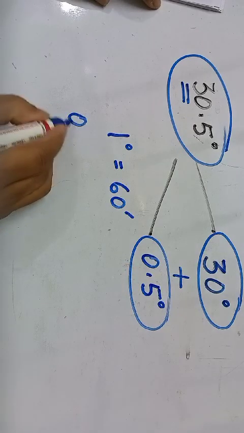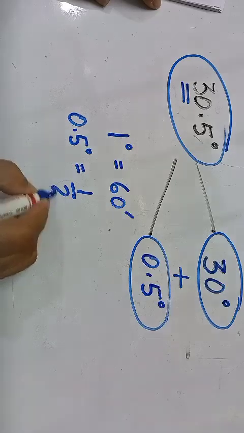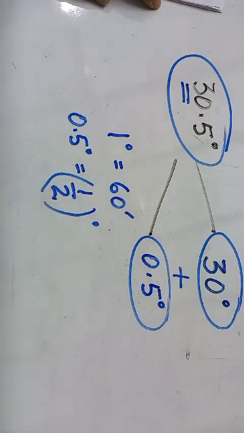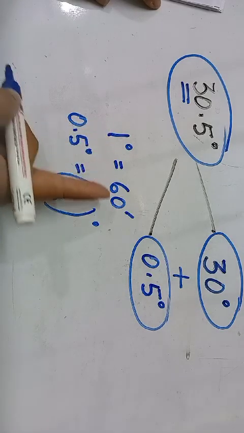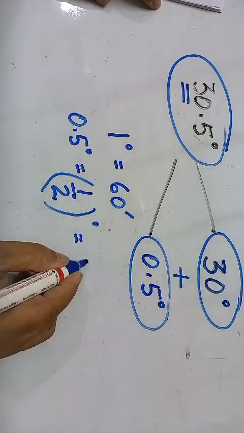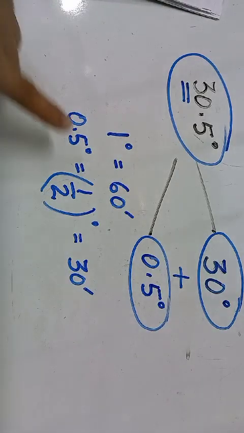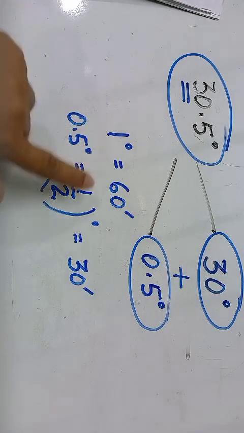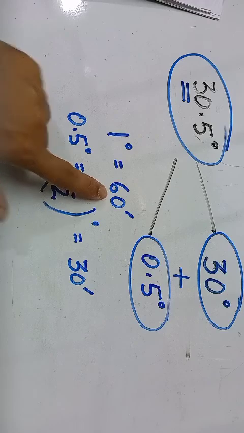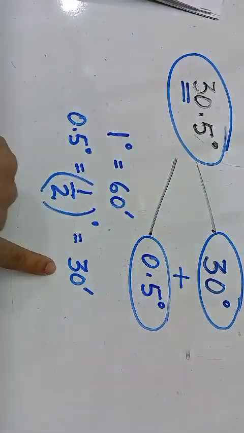This is 0.5 degree, or this can also be called half degree. Okay, so if 1 degree is equal to 60 minutes, what is half degree going to be equal to? It is going to be equal to 30 minutes, half of that. Okay, because this is 1 full degree, conversion is 60 minutes. So this is half degree, half of that, so 60, half of that is 30 minutes.